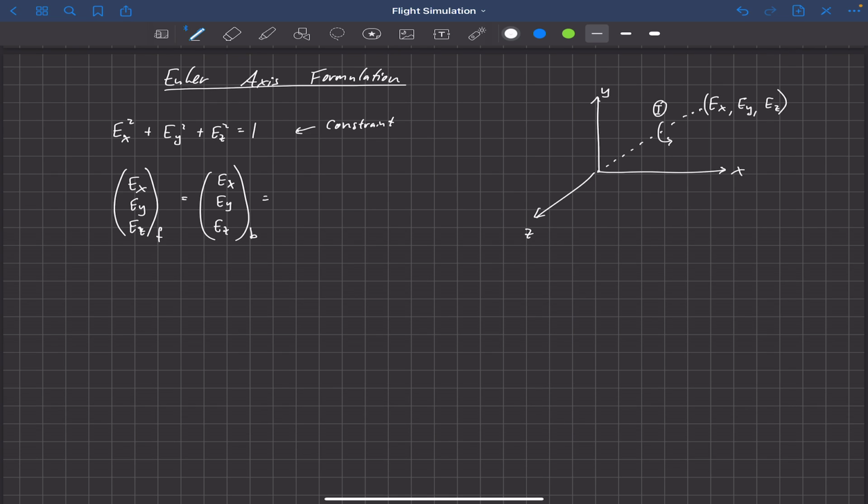So we're just going to call these EX, EY, EZ because they have the same components in the Earth fixed or the body fixed coordinate system. That's one of the things that's a little bit unique about the Euler axis formulation and kind of a cool property.